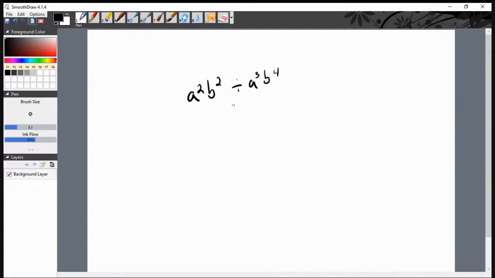Or I'm sorry, subtract the exponents. I just said that completely wrong. You're going to do the exact opposite. You're going to divide the numerical coefficients and subtract the exponents, right? As opposed to multiplication. When you're doing multiplication, it's multiply the coefficients.